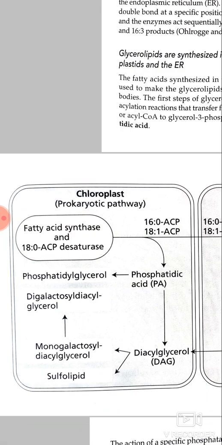In this diagram, we will see the compartment of chloroplast and the prokaryotic pathway. Fatty acid synthesis and 18:0 ACP desaturase.